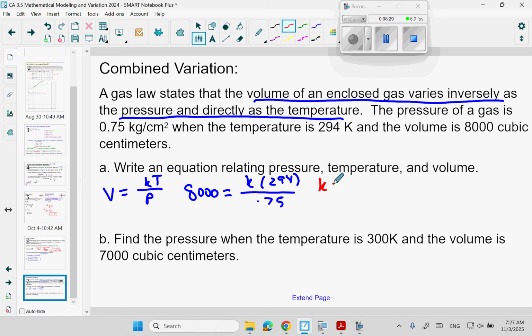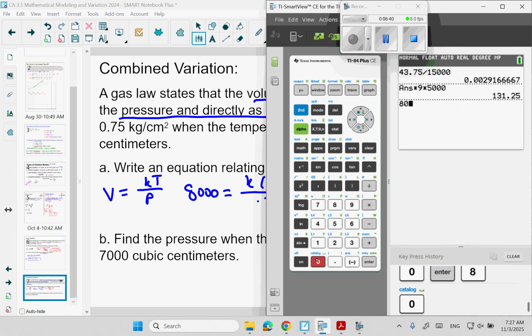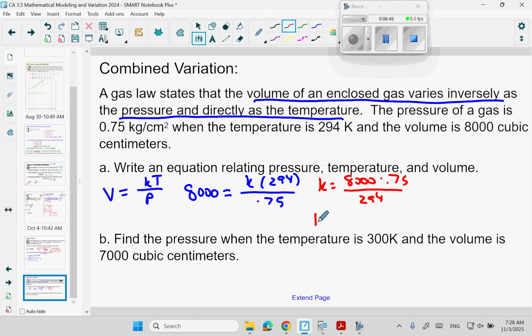So we get k equals 8,000 times 0.75 divided by 294, which is 20.41. So we get volume equals 20.41T over P.